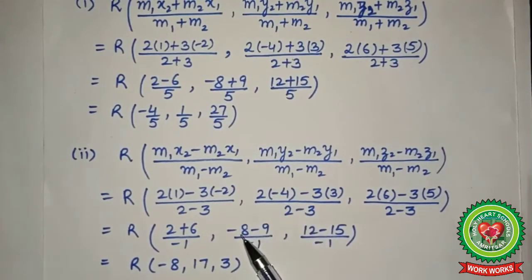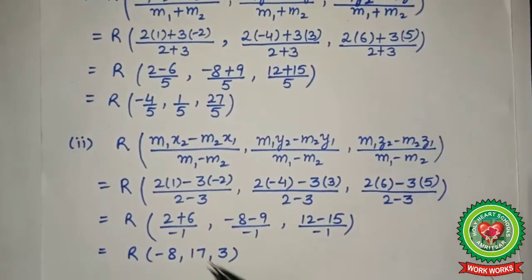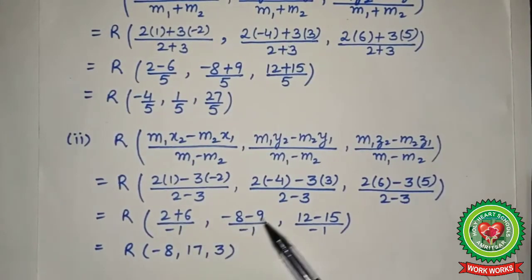Here 2 4s are minus 8 minus 9 upon minus 1. Here 2 6 are 12 minus 15 upon minus 1. So on simplifying we get minus 8, here 17 and it is 3. In this way we can find the coordinates when it divides internally and externally.